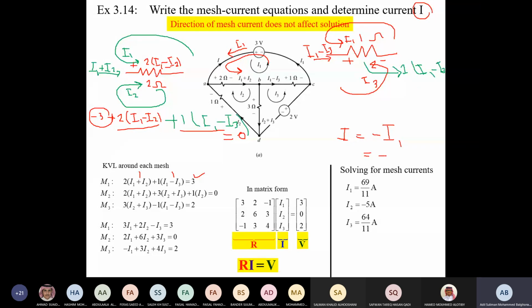Or equal minus 69 over 11. Okay, 69 over 11.